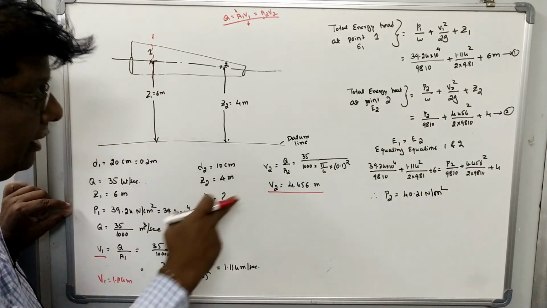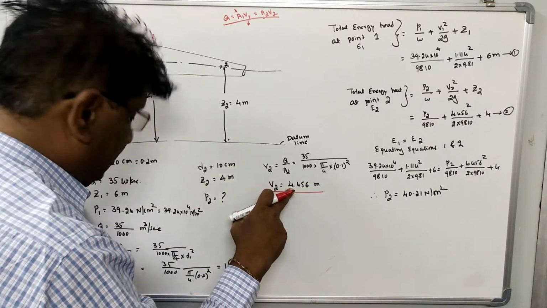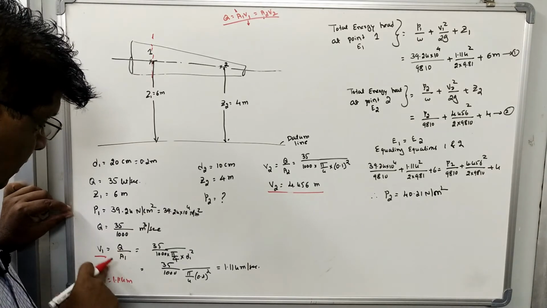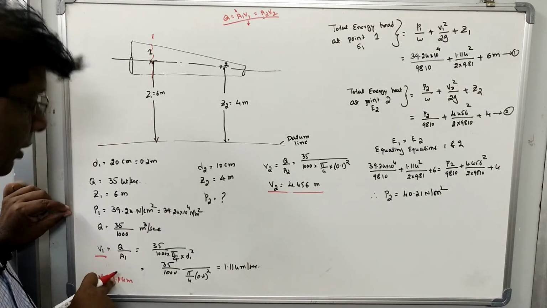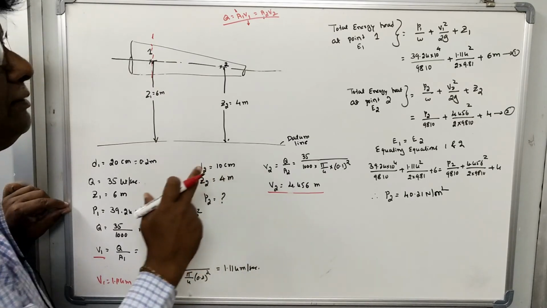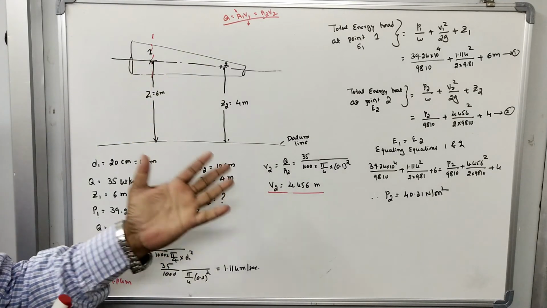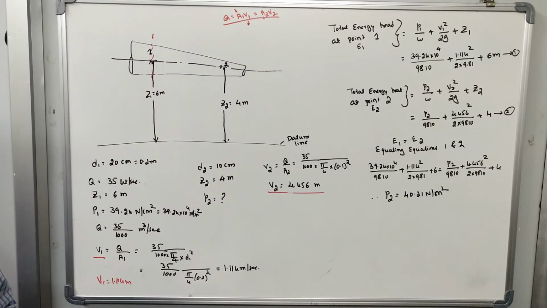So accordingly, the velocity at point 2 is 4.456, and the velocity at point 1 is 1.114. This increase in velocity is mainly to satisfy the continuity equation. Okay, so these are the important observations from this physical problem.